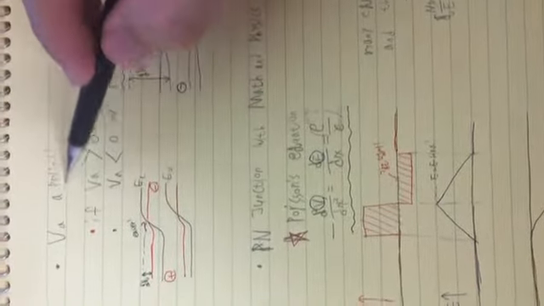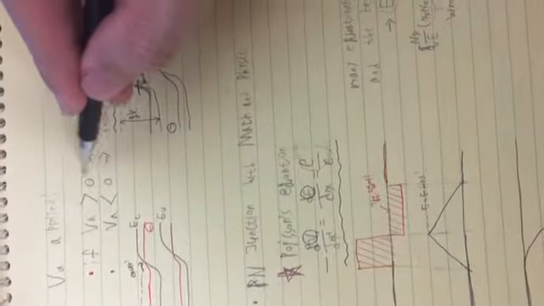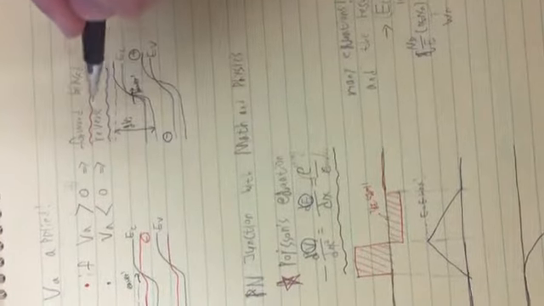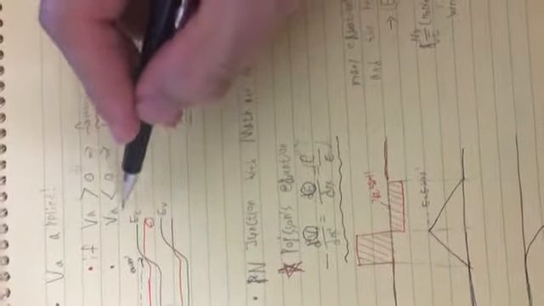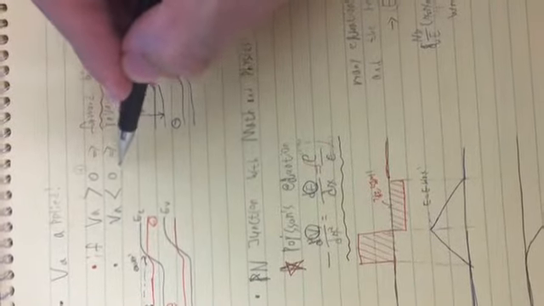If VA is applied, what will happen? If VA is more than 0, it means plus. We call it forward bias, and if VA is less than 0, it means minus, reverse bias.